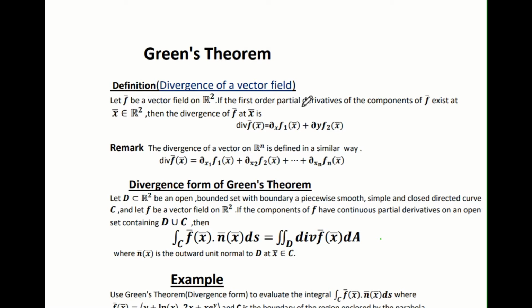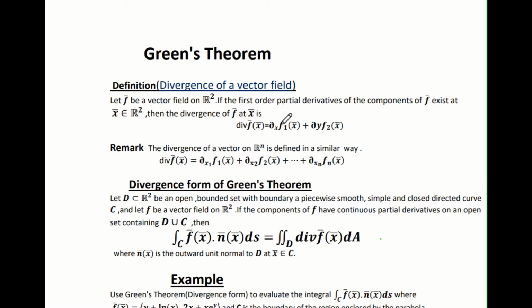If the first order partial derivatives of the components of F exist at x in R2, then the divergence of F at x is given by this.